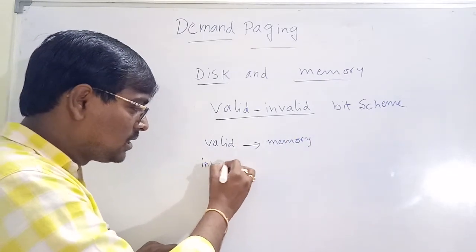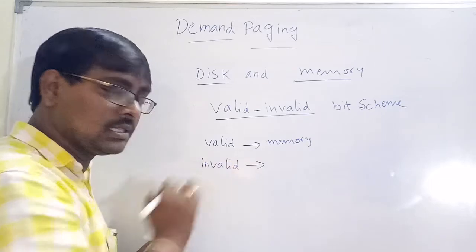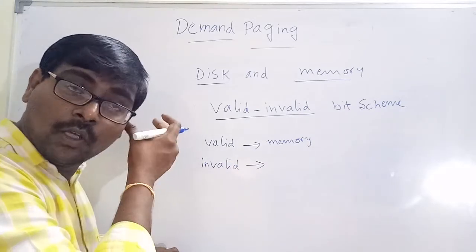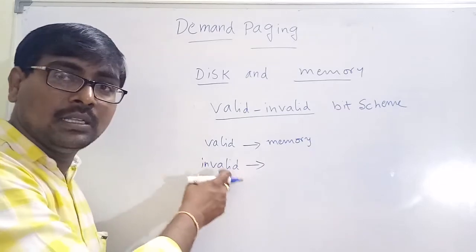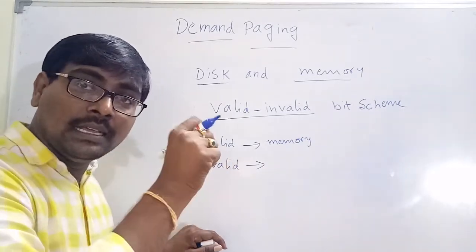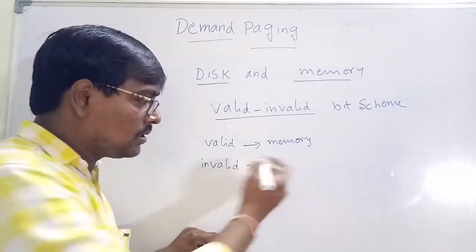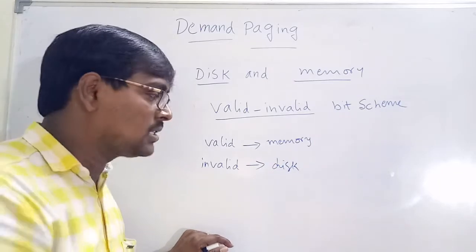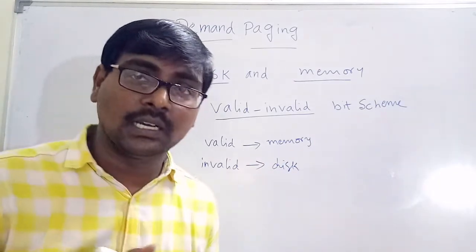If a bit is set to invalid, here we have two cases. What are the two cases? Invalid means the page is not in the memory, so obviously the page is in the disk, or the page does not exist.